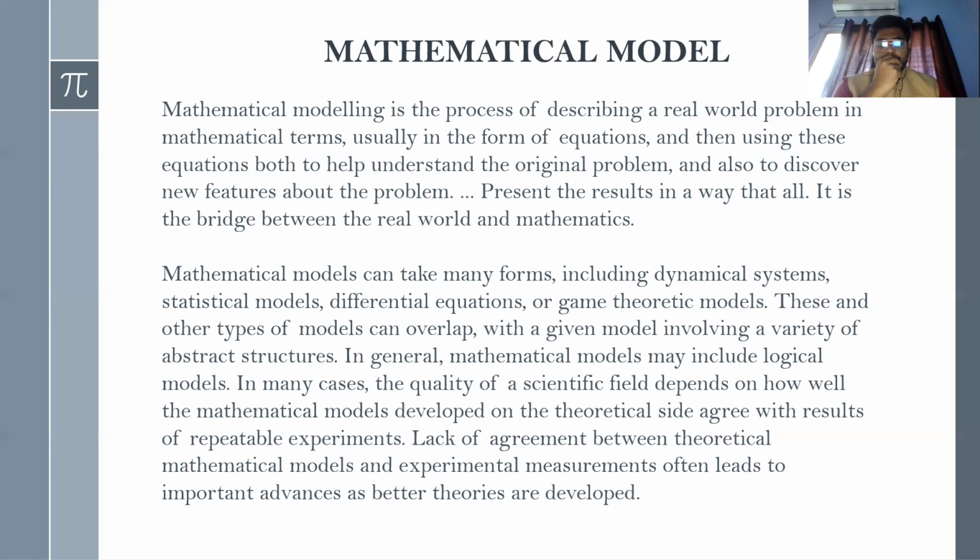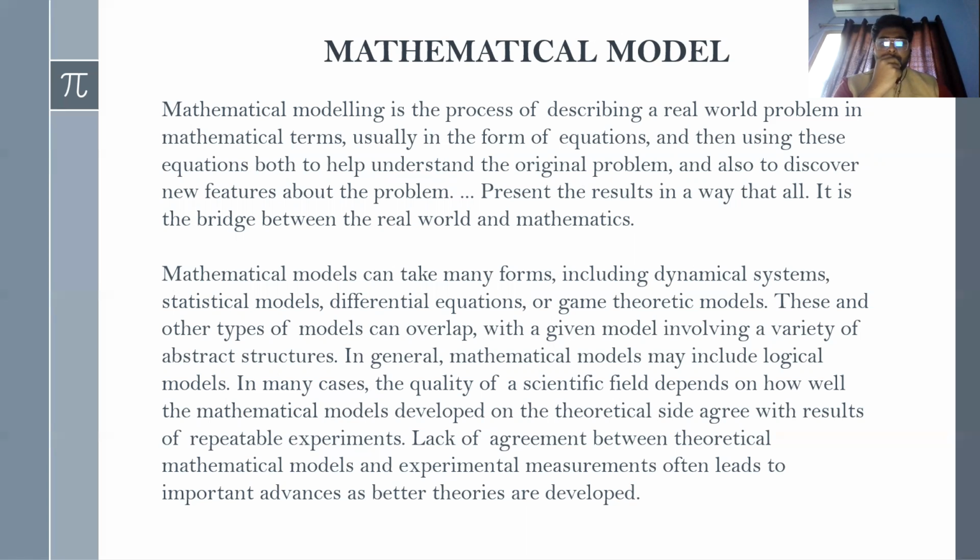How is a mathematical model helpful, and ways to define a mathematical model. A mathematical model can take many forms including dynamical systems, statistical models, differential equations, or game theoretic models.